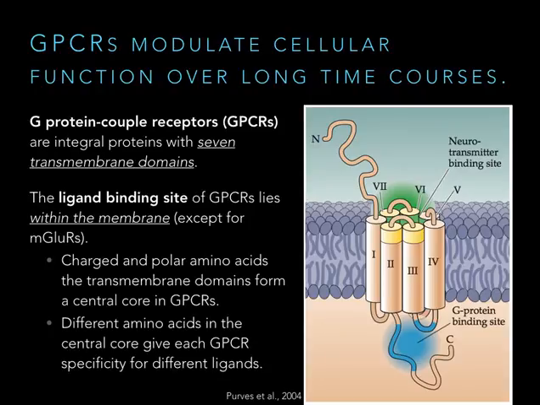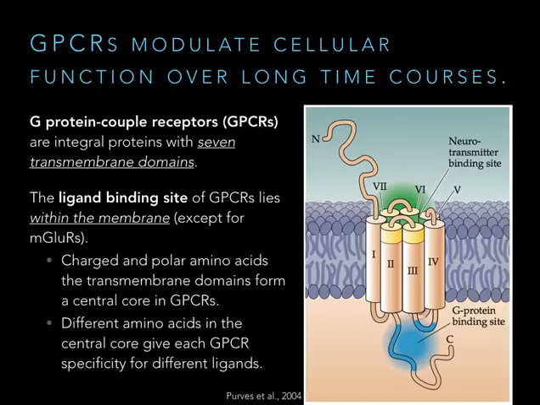A G protein coupled receptor is a receptor that's bound to a G protein. Every G protein coupled receptor has 7 transmembrane domains. This is a typical feature of all of them. The ligand binding site is typically buried in the membrane, although not always. In the intracellular portion, which we can see on the bottom of this illustration, we have the binding site for our G protein.